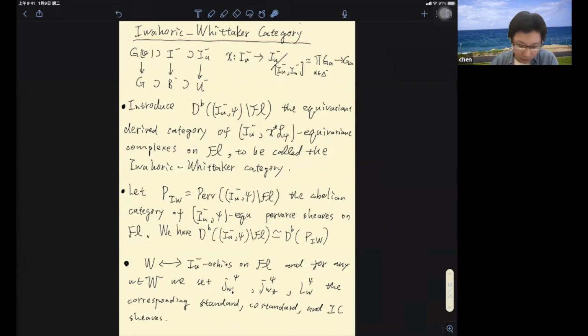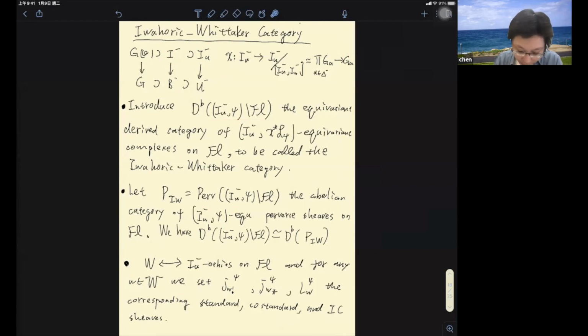So we consider the opposite Borel here, and we can consider its preimage under the evaluation map, and this is a pro-unipotent radical. And we have this canonical map from the pro-unipotent radical of the opposite Iwahori to G_a. And there we can introduce the Iwahori-Whittaker category on the affine flag variety.